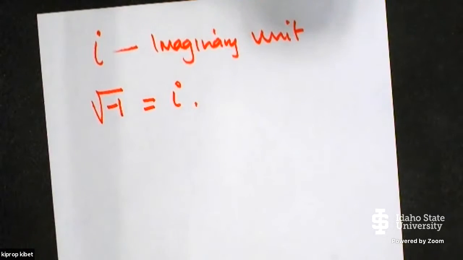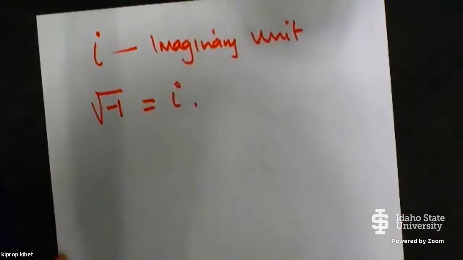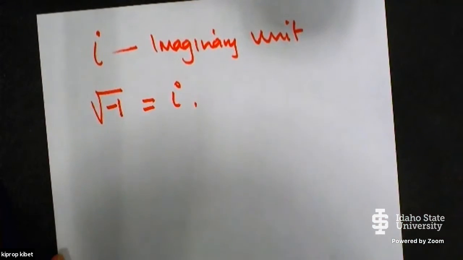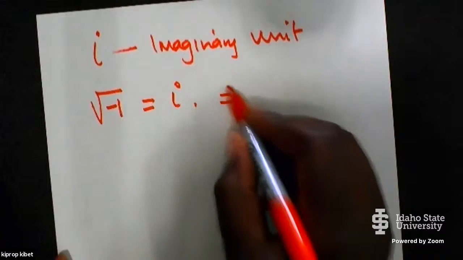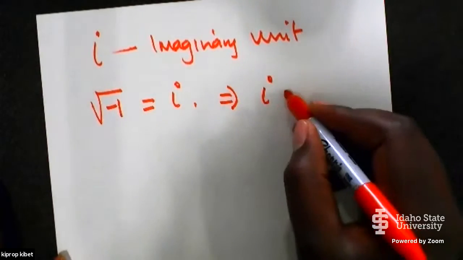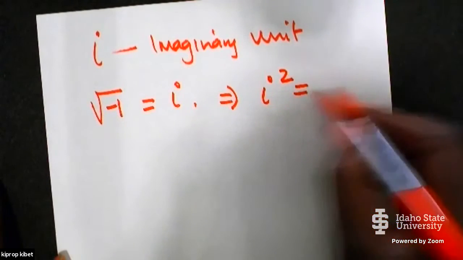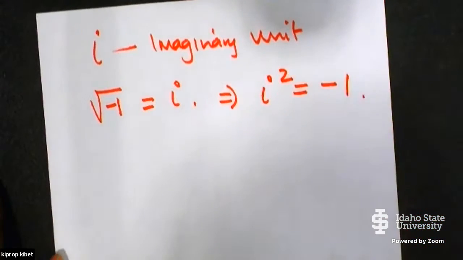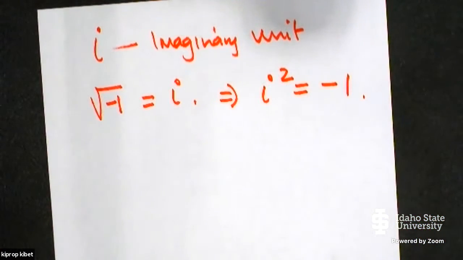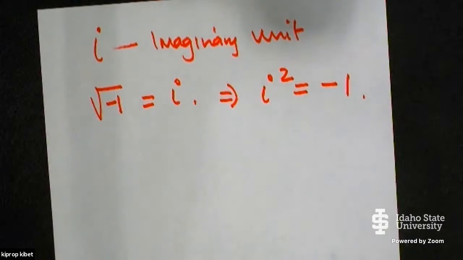So the square root of -1 is equal to i. This i is the imaginary number. Therefore i squared is equal to -1.